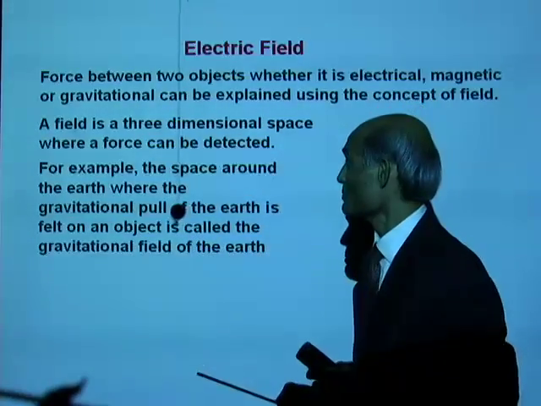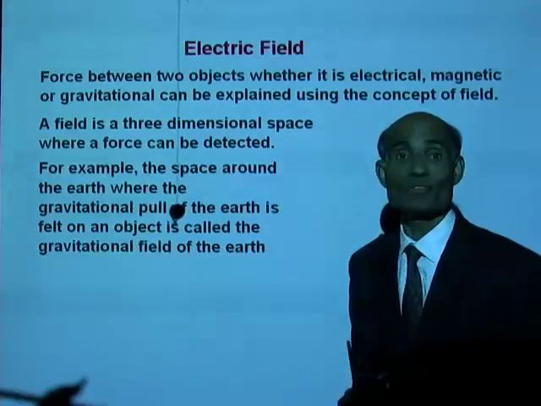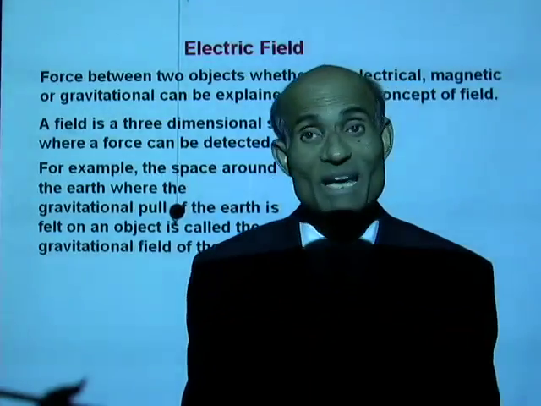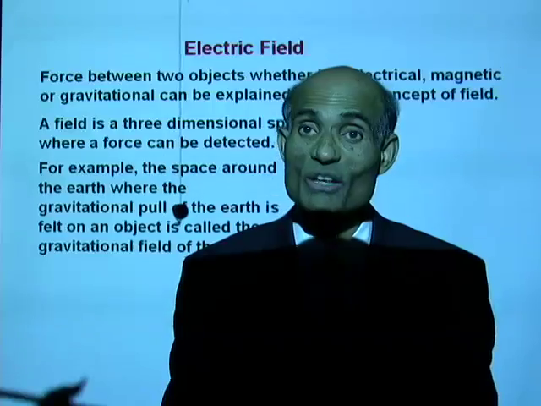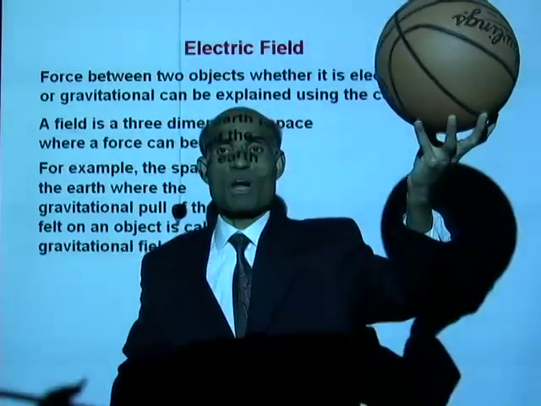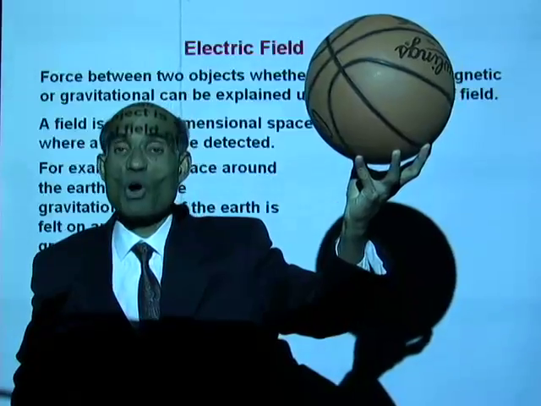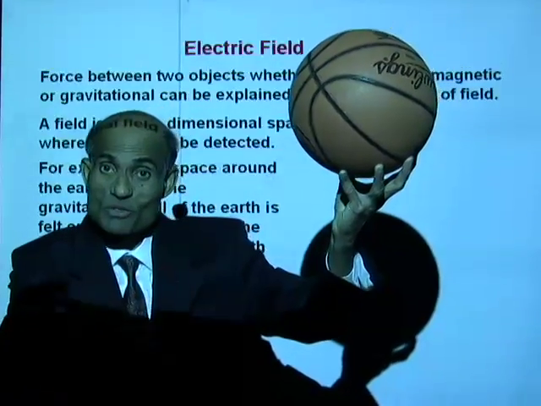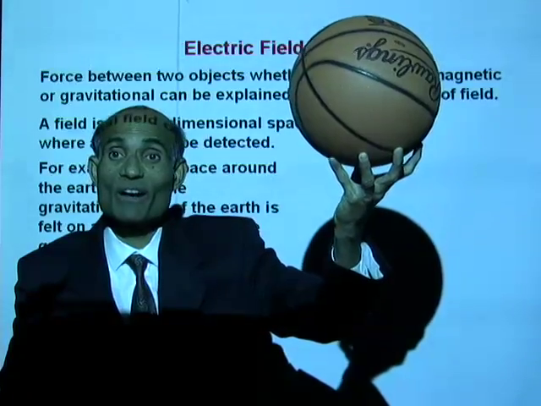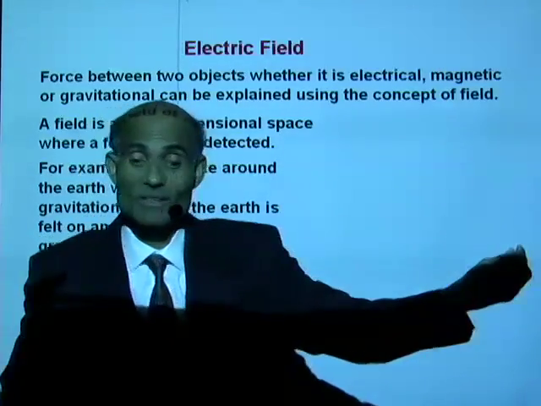For example, the space around the Earth where the gravitational pull of the Earth can be detected is the Earth's gravitational field. Now, if I drop this ball, why does the ball fall? It falls towards the Earth because it is placed in the Earth's gravitational field.